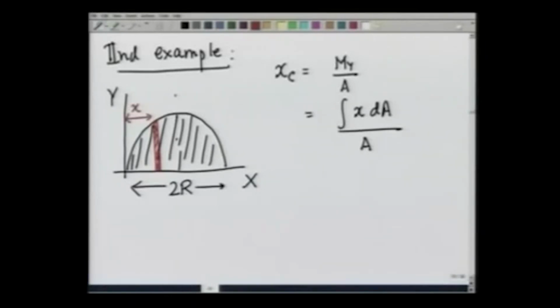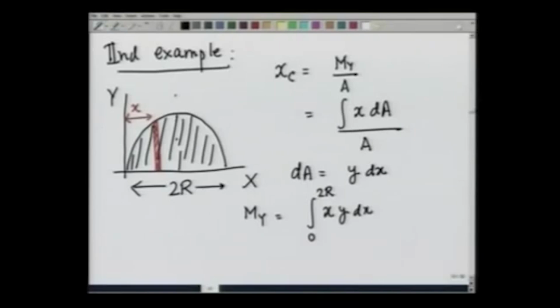You can see that dA in this case is the area of this strip, which is y dx, and therefore My is going to be the integration of x y dx, x varying from 0 to 2r.